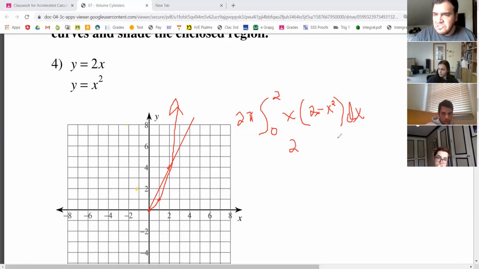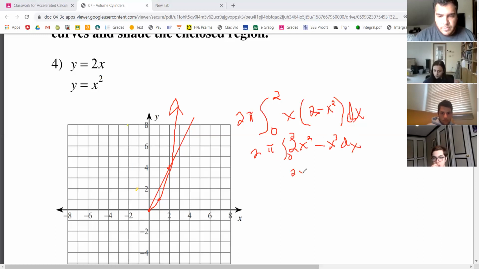Thankfully, the equation on the inside doesn't change at all. So, I mean, you could even do this by hand. 2x squared minus x cubed, with 2 pi on the outside. Integral from 0 to 2, dx. Antiderivative, so that's 2x to the third over 3 minus x to the fourth over 4 from 0 to 2. 0 is going to be irrelevant, so you could just plug in 2 if you really wanted to.